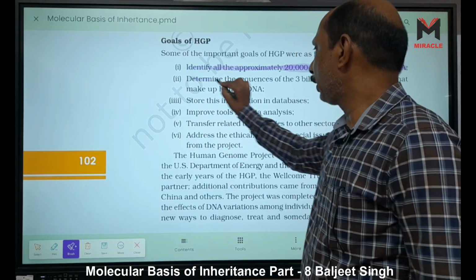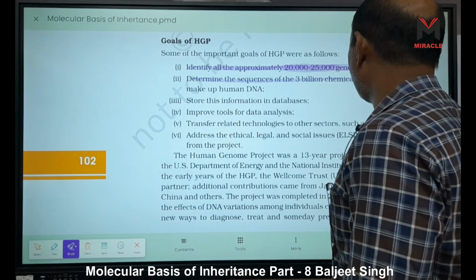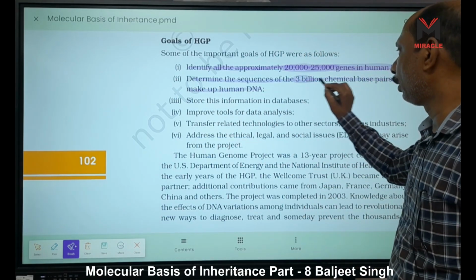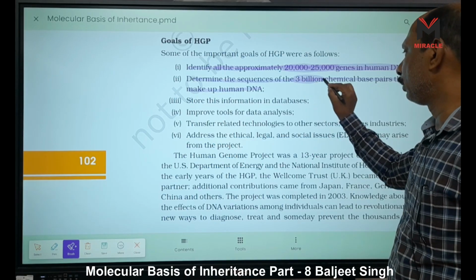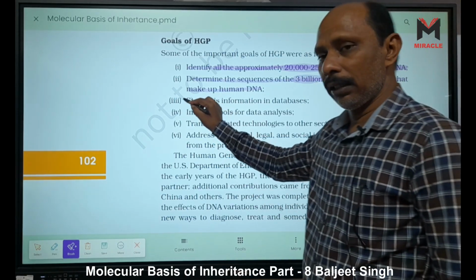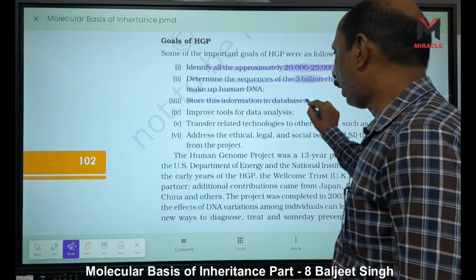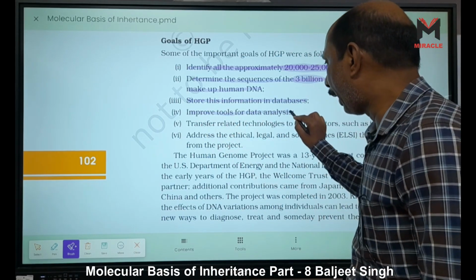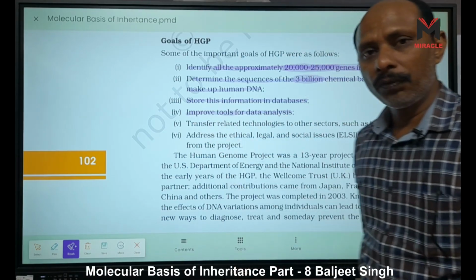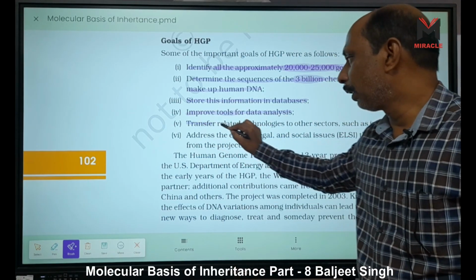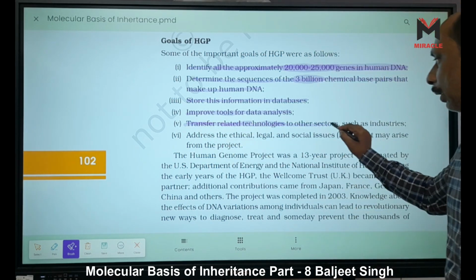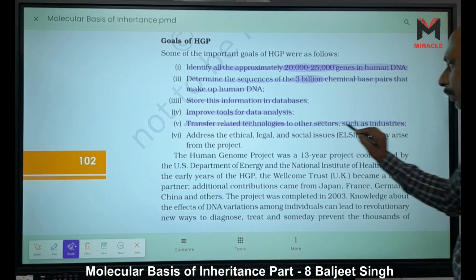Second, determine the sequence of 3 billion chemical base pairs that make up human DNA. Look here, 3 billion. It is not a million, it is a billion. Third, store this information in databases. Fourth is improve tools for data analysis. Fifth, transfer related technologies to other sectors such as industries.